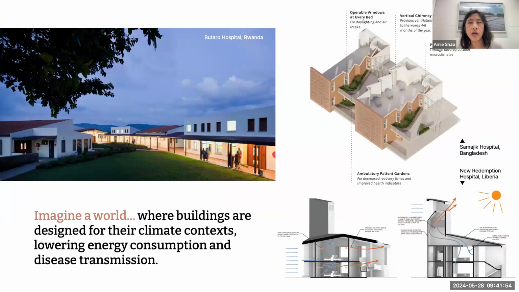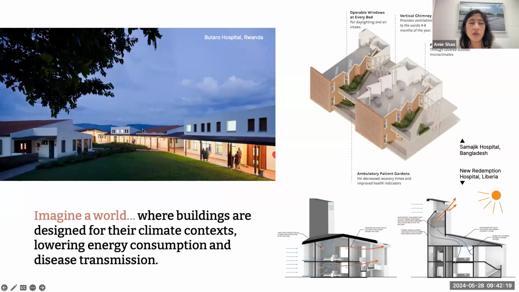So beyond trying to add solar panels to provide a sustainable source of energy, what if we lived in a world where buildings were designed for their climate context in the first place, and thereby improving the comfort on the inside and lowering the necessary energy consumption and addressing disease transmission.